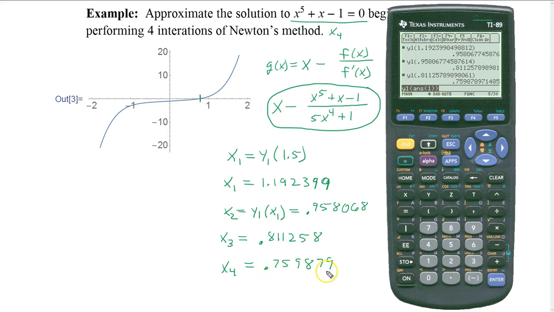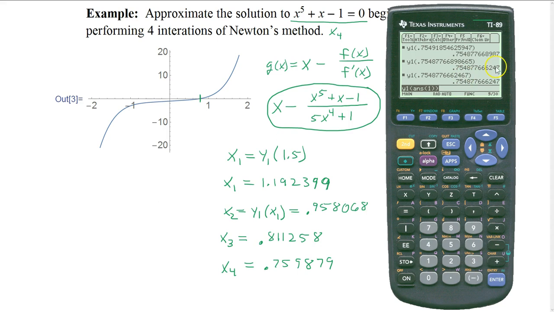Now watch what happens if we were to keep hitting enter. These numbers would eventually settle down and stop changing. And then that would be our answer, accurate to however many decimal places we have displayed on our calculator. So watch, if we keep hitting enter here, eventually they will stop changing. So there's x5, 6, 7, 8. So 7 and 8 stop changing.